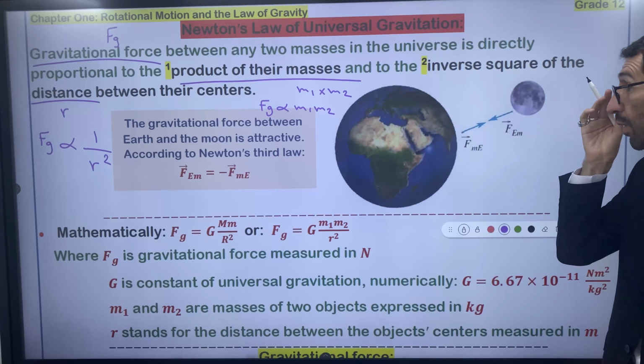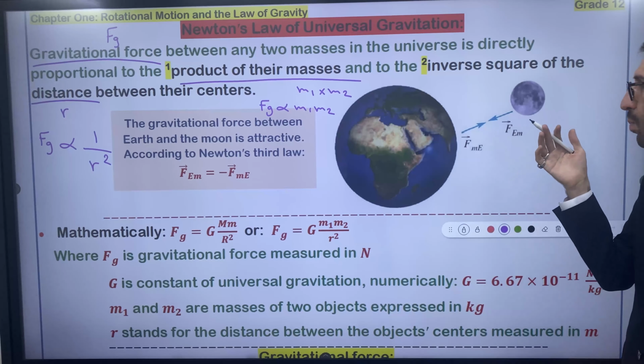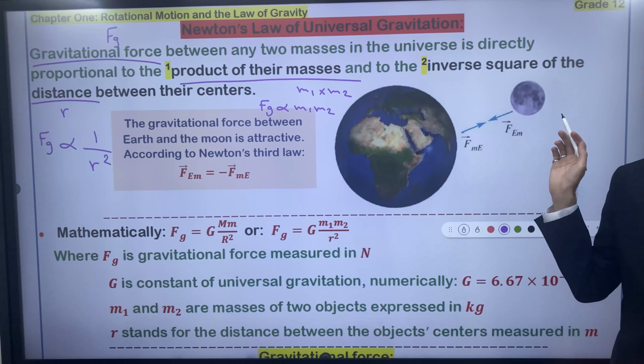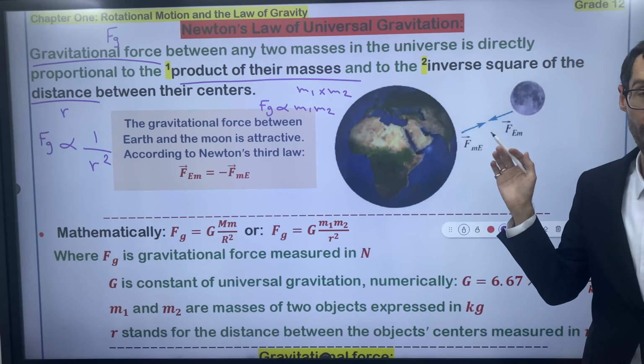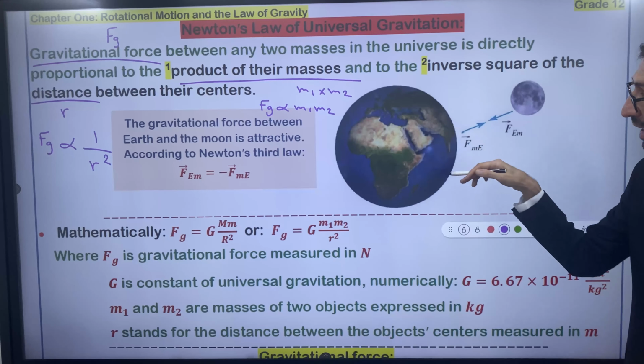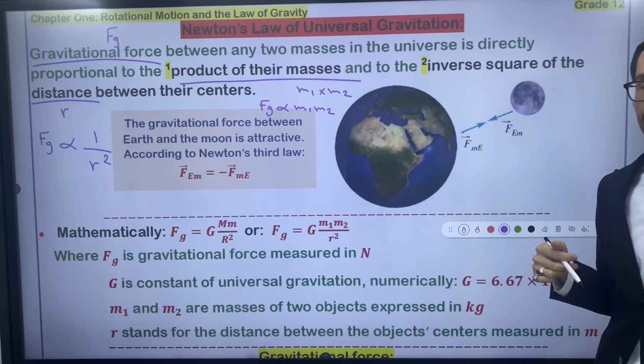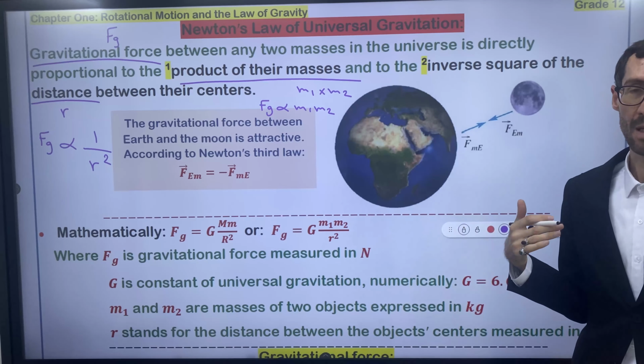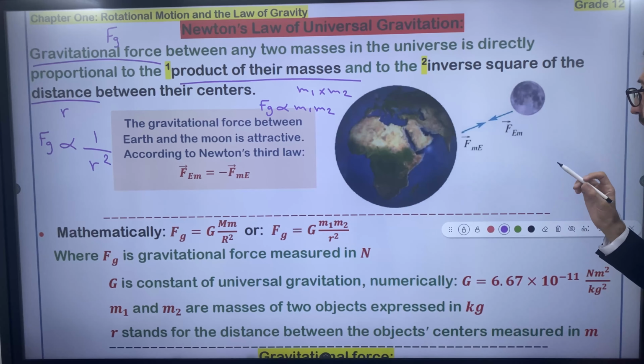The name of the moon of Earth is Luna. Actually, you can say moon or Luna, no problem. The moon circles the Earth in an elliptical orbit, or I can say it orbits the Earth in an elliptical path, right?